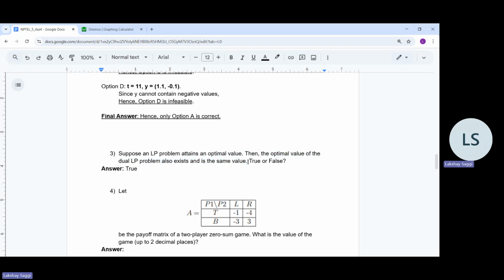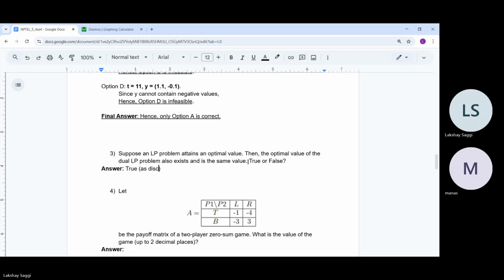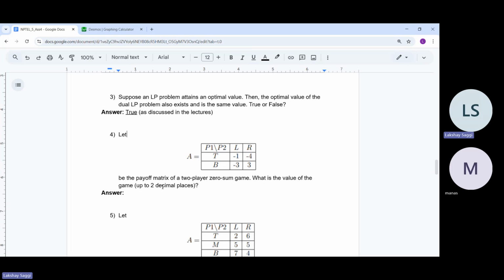This is just a straightforward revision from the lectures. Nothing new here. Then I guess we can move on to the fourth question.